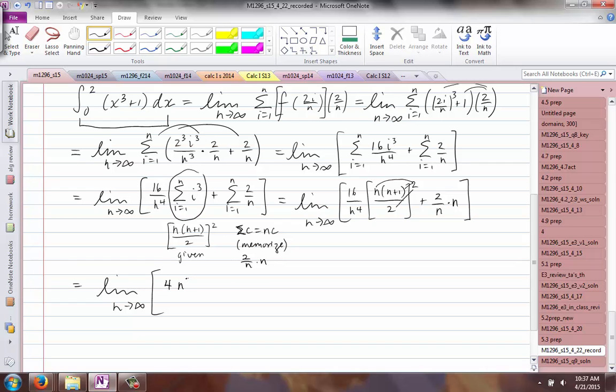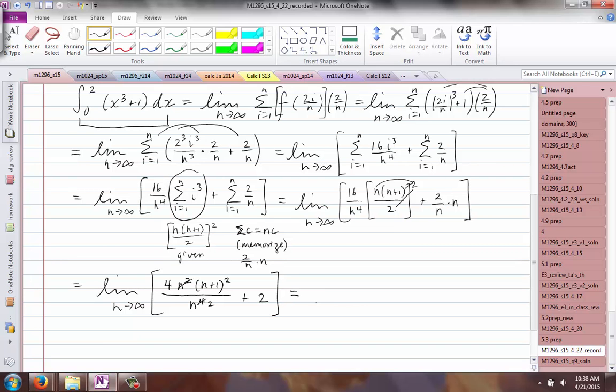Then I have n squared, the quantity n plus 1 squared, and then this is over n to the fourth. So I can cancel a pair of n squares. Oops, 2 over n times n just simplifies to 2.